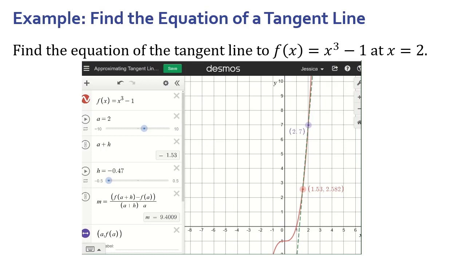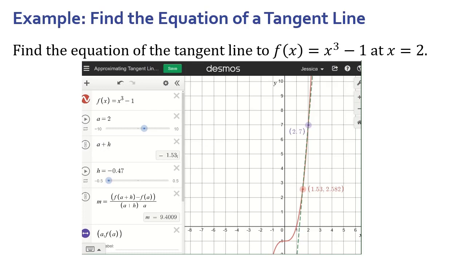And then I'm going to use the secant to find what happens as we have a second point that gets closer and closer to x equals 2 from either direction and see what happens to the slope. So if you look down at the slope formula down here, you can see we've got our a equals 2, which is what we want, and a plus h. So this is going to create our second point.